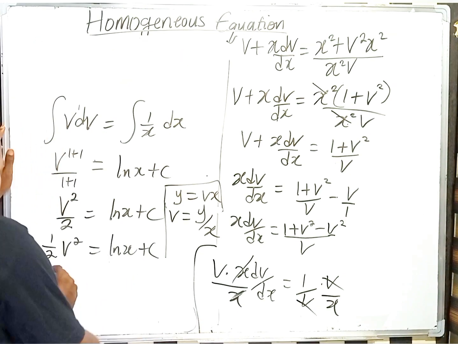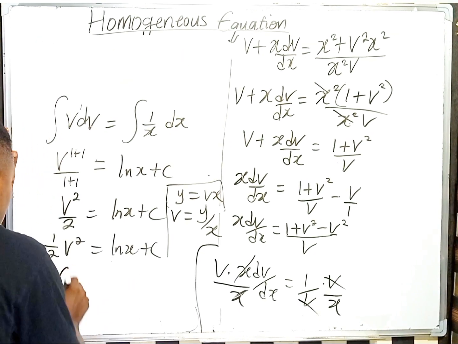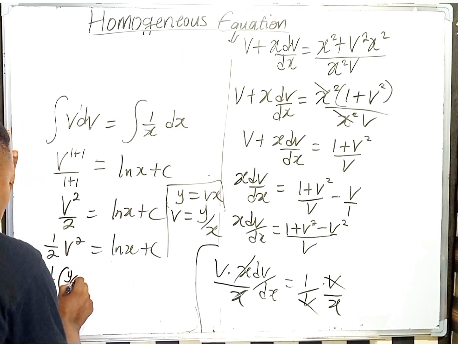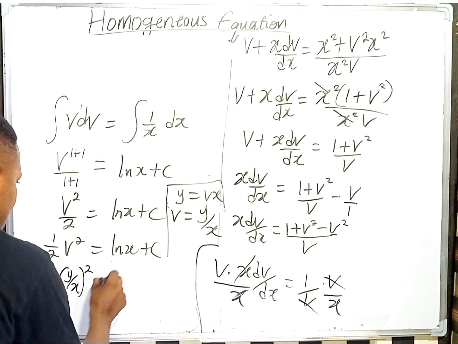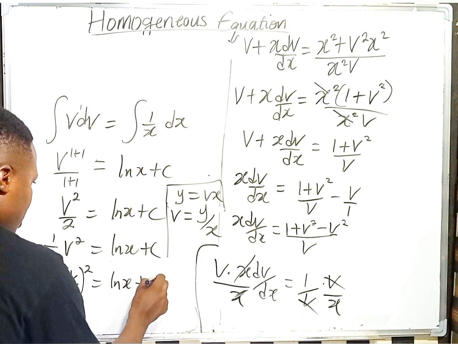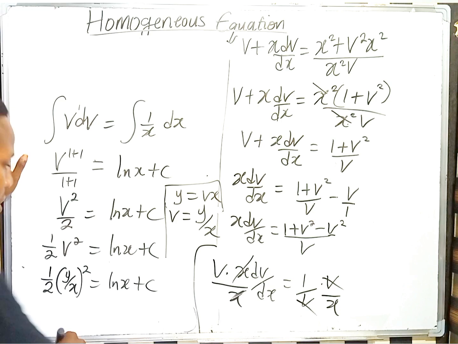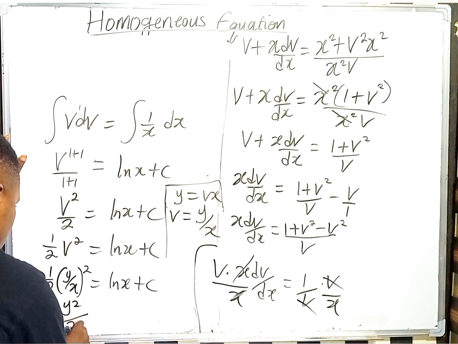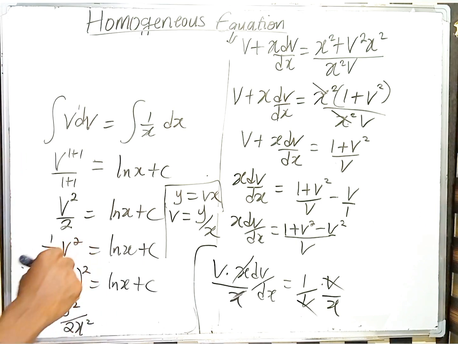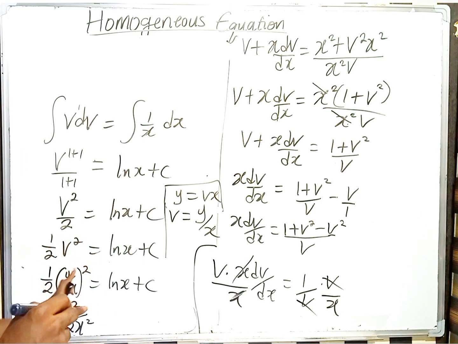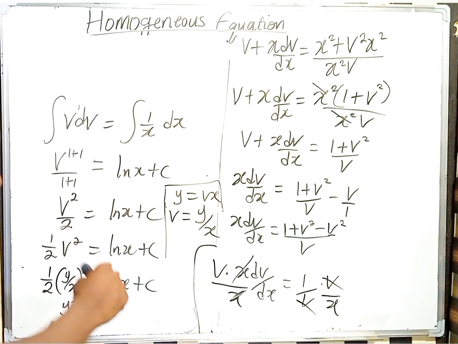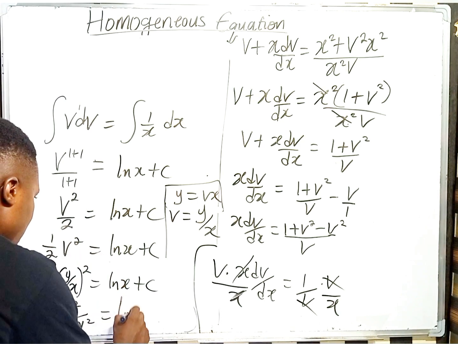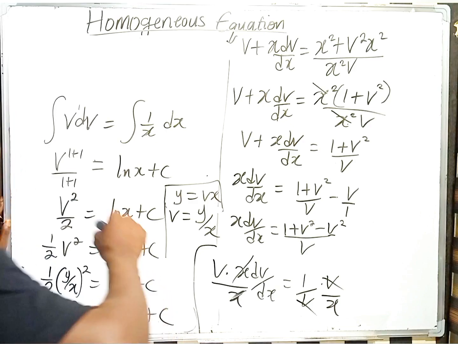We now have 1/2 times (y/x)² equal to ln x + c. That will give us y²/(2x²), because 1 times y raised to the power of 2 is y², and x power 2 is x², times 2 is 2x², equal to ln x + c.